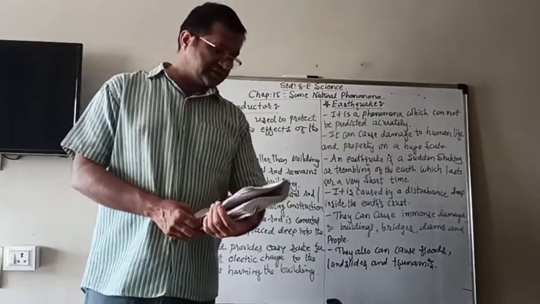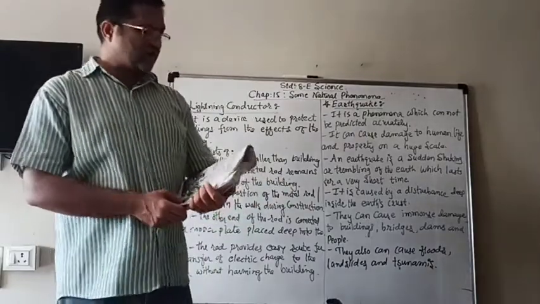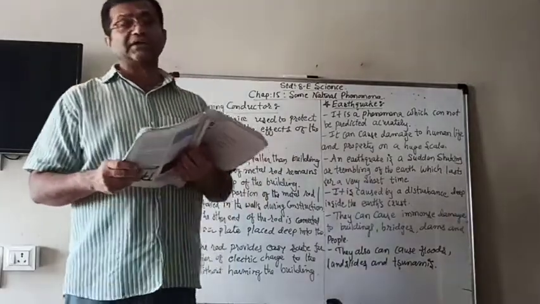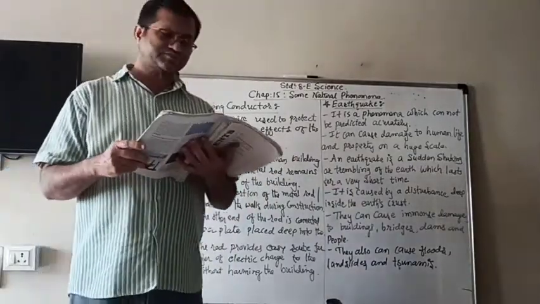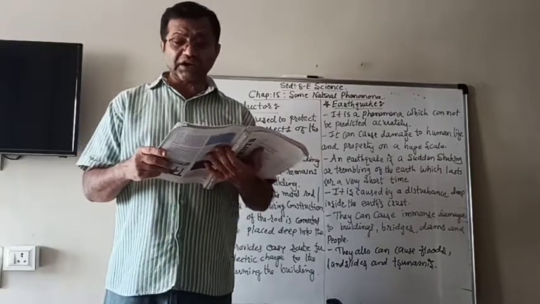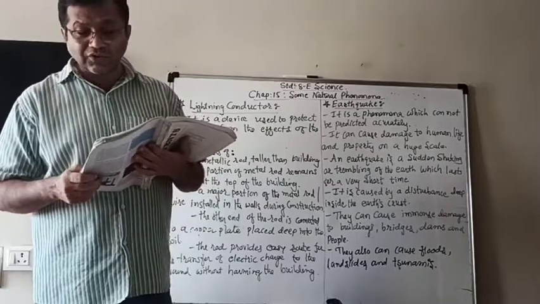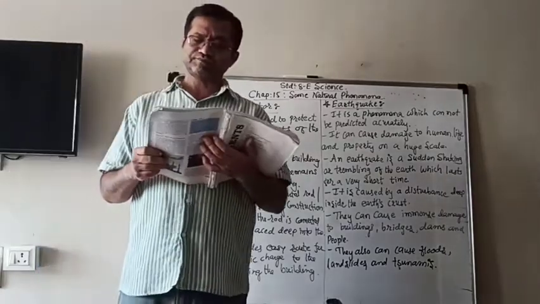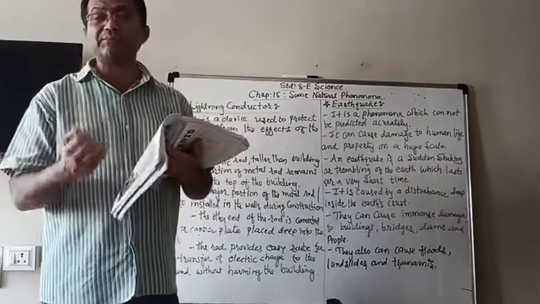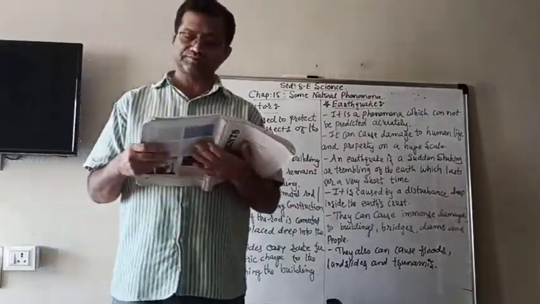So that is the earthquake which cannot be predicted and is sometimes very harmful. Now, what is the earthquake actually? How does it occur, and what can we do to minimize its effects?